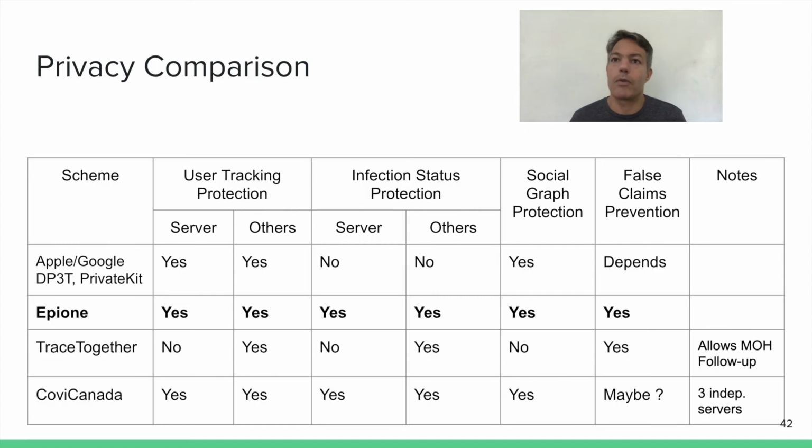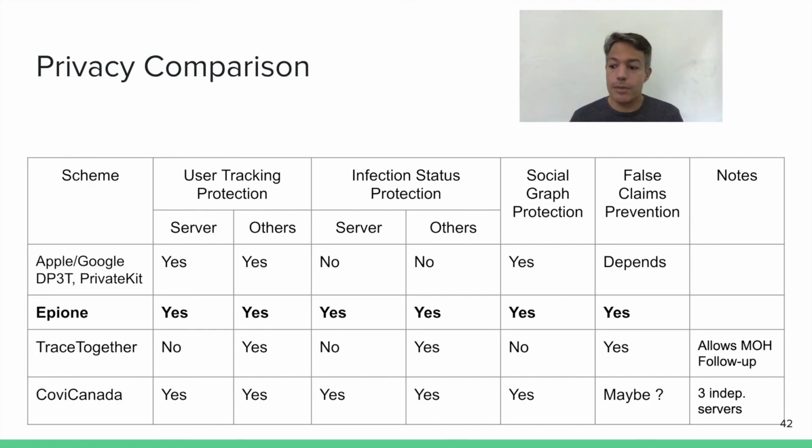They protect those by wrapping it in an API, but there's still the potential for leakage there. And it does provide social graph protection, and it depends on how it's implemented for false claims. We, by contrast, provide protections against each of these, and that's the advantage over TraceTogether, which does not protect against the server, but protects against user attacks, unlike the Apple-Google setup.